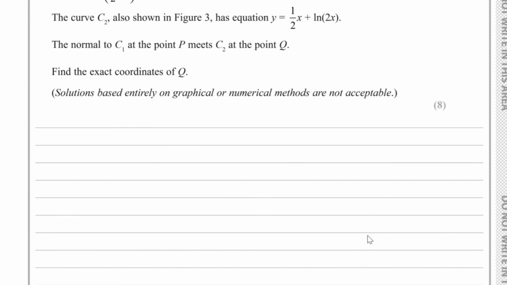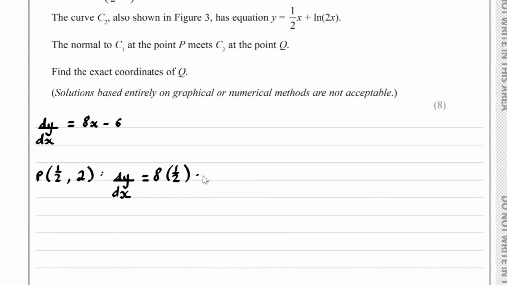So, to begin with, let's find out what dy over dx is. dy over dx is equal to 8x minus 6, and at the point P with coordinates 1 half, 2, the value of dy over dx will equal 8 lots of 1 half minus 6, which is equal to minus 2.